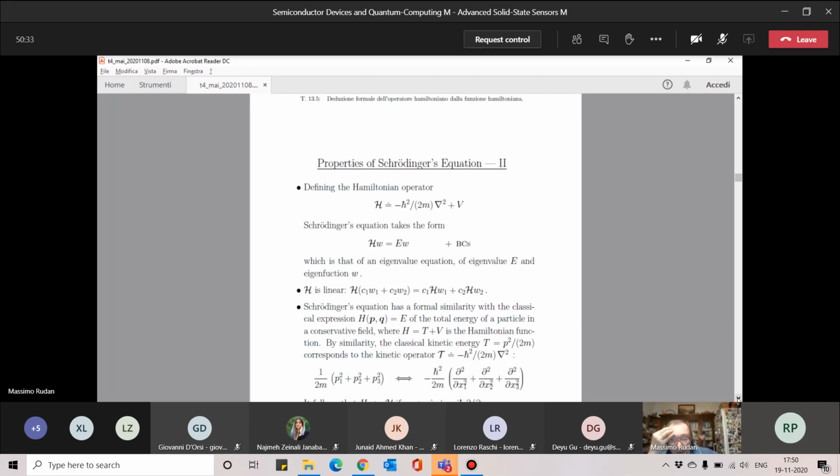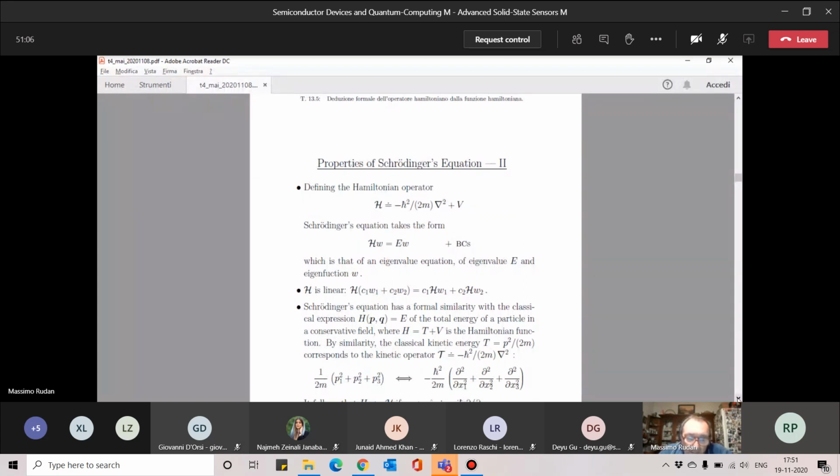In the continuous case, an operator operating on a function equal to a constant times the same function is still an eigenvalue equation, okay? So actually the Schrödinger equation is an eigenvalue equation in which the energy is the eigenvalue and the solution W is the eigenfunction, okay?